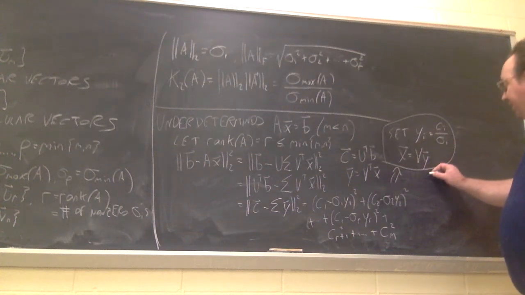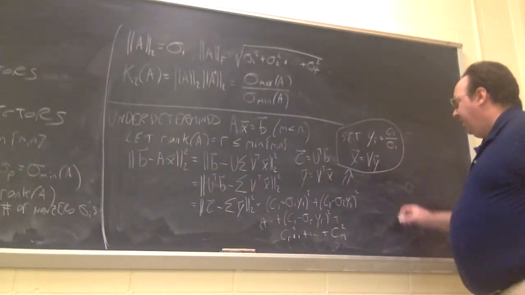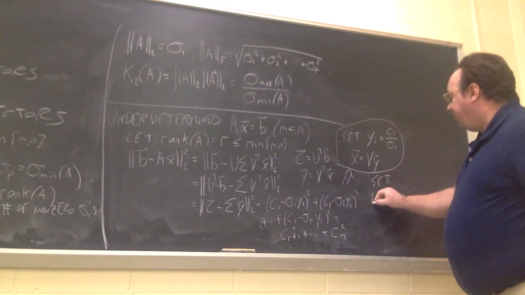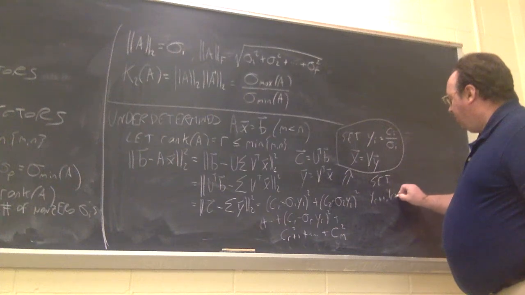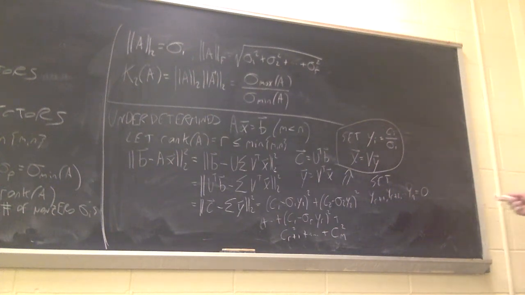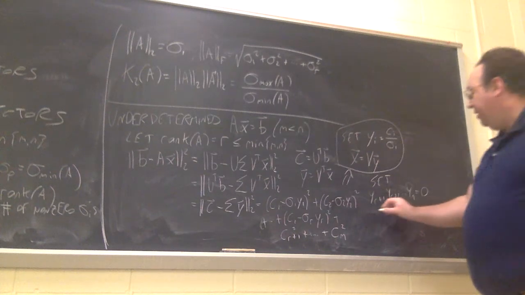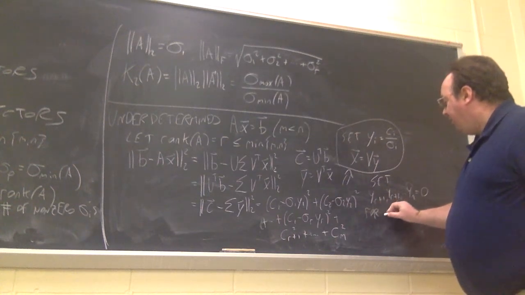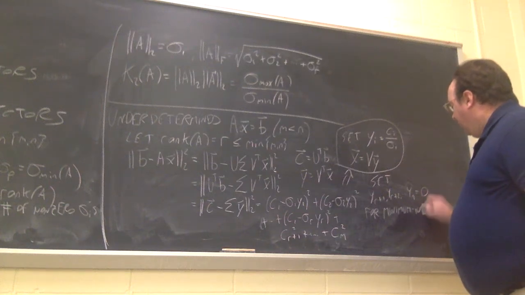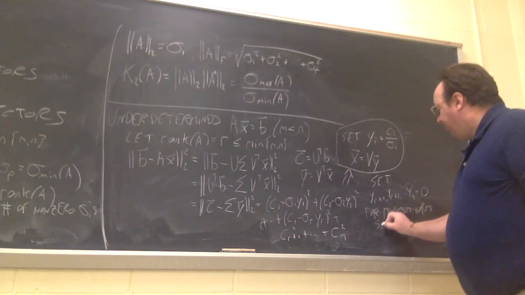I can set the rest of those components, y r plus 1, r plus 2, up to yn, equal to 0 if I want, for what is called the minimum norm solution.